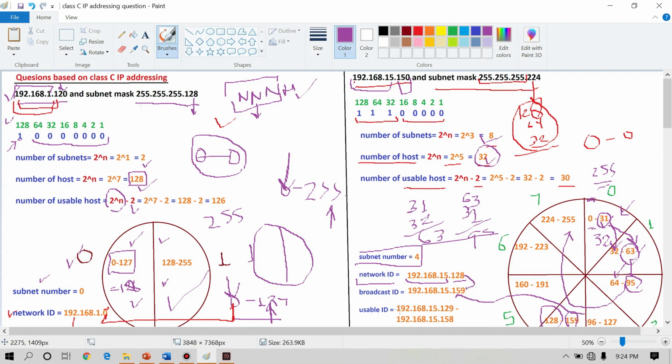So these 3 parts are common from our IP address, and in between 128 and 159 what comes? 129 to 158. Write these. So all the IDs in this range are usable IDs.